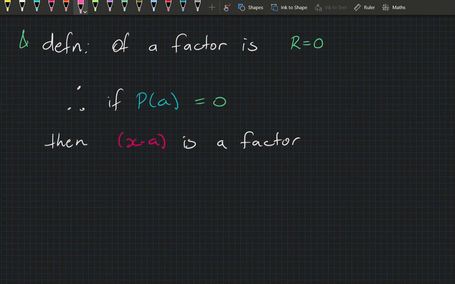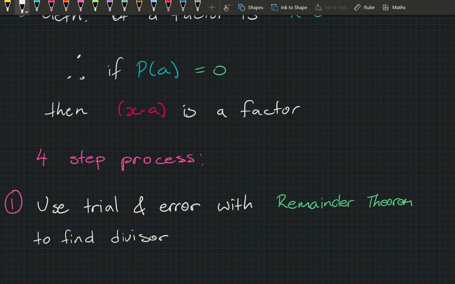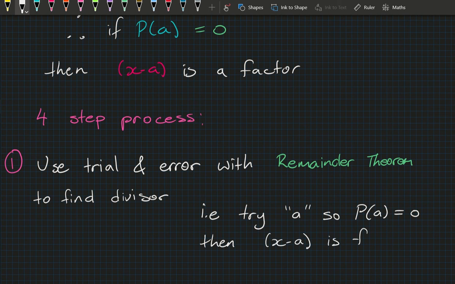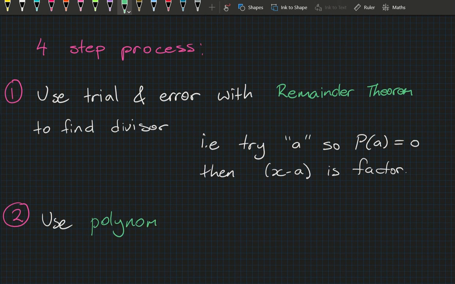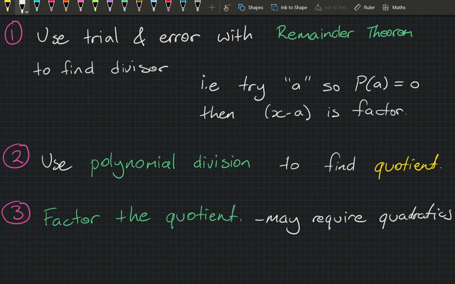With this in mind, our 4-step process is: step 1, use trial and error with the remainder theorem to find the divisor. In other words, keep trying different a's so that the polynomial of a is equal to 0, and that would mean that x minus a is a factor. Then step 2, we use polynomial division to find the quotient. Then step 3 is factoring the quotient, and this may require some quadratic methods.